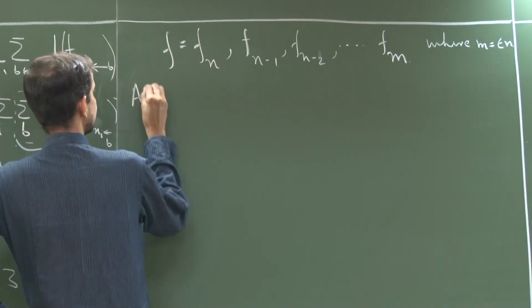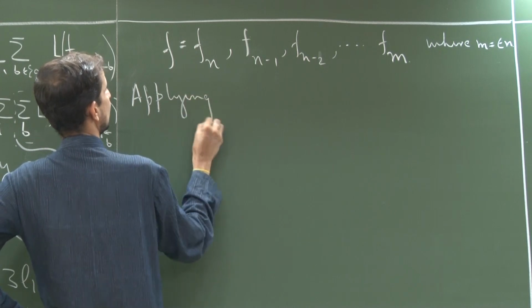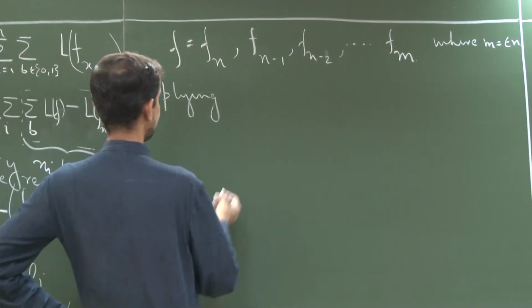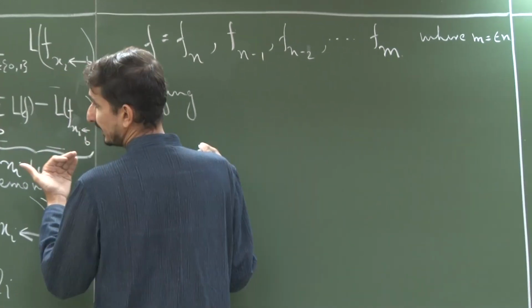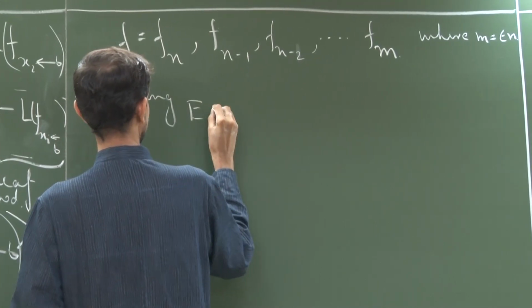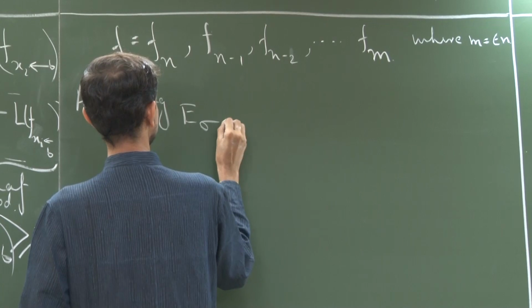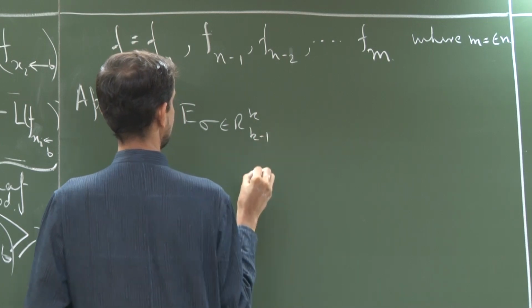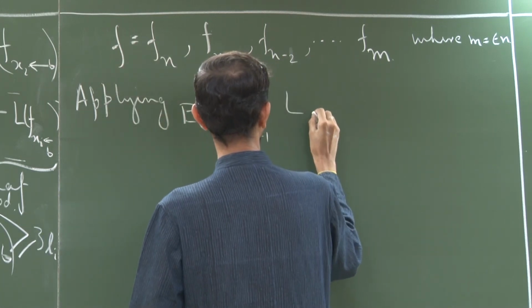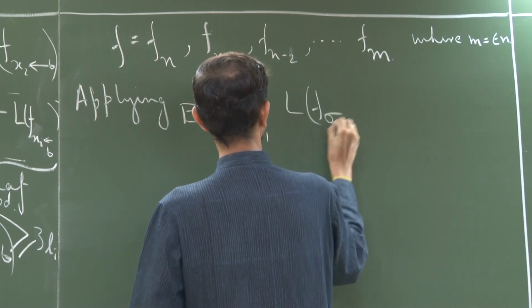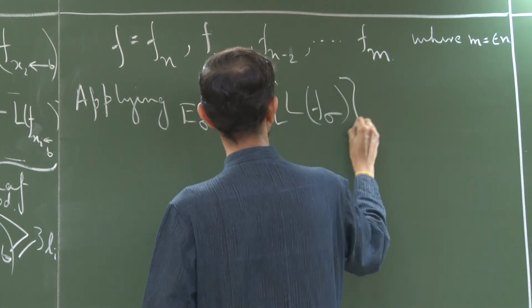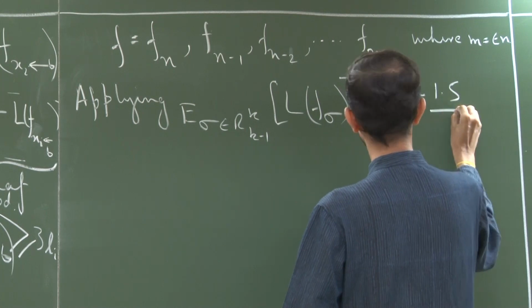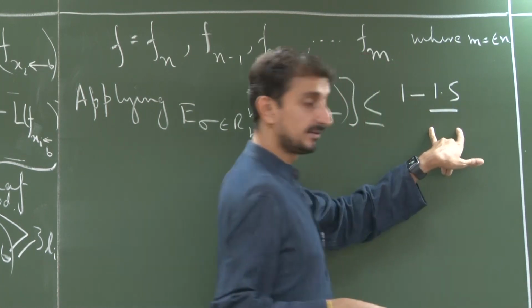Now what I can do is apply lemma 1 iteratively, and at some intermediate level I will get something like this: the expectation over sigma in R k to k minus 1 of L of f sigma is at most 1 minus 1.5 divided by, what would be the denominator?